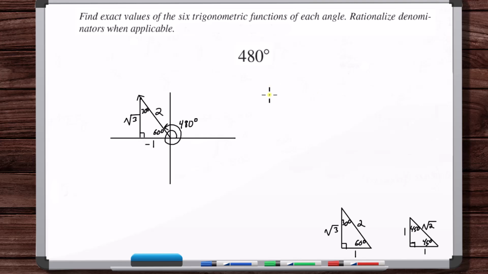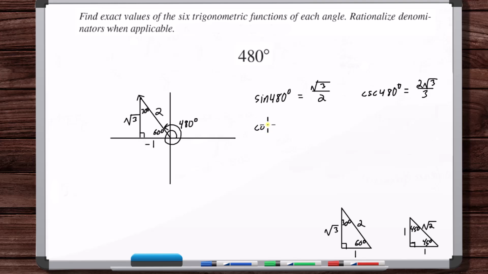Okay, so sine of 480 is equal to opposite over hypotenuse. Okay, so then cosecant of 480 is 2 over root 3 times root 3 over root 3. That's 2 root 3 over 3.